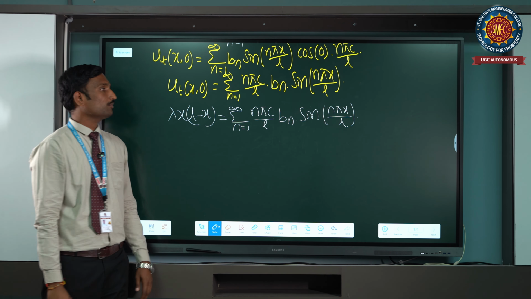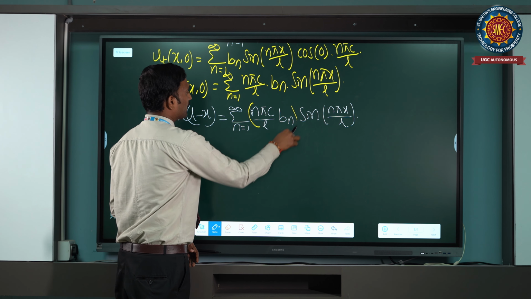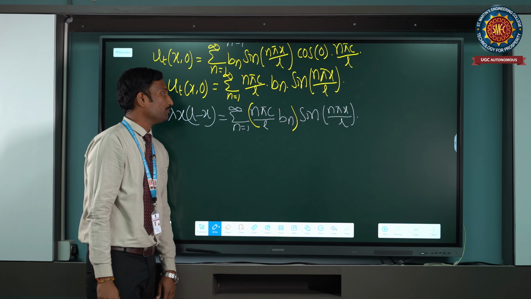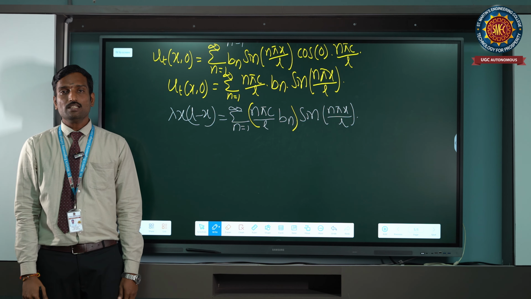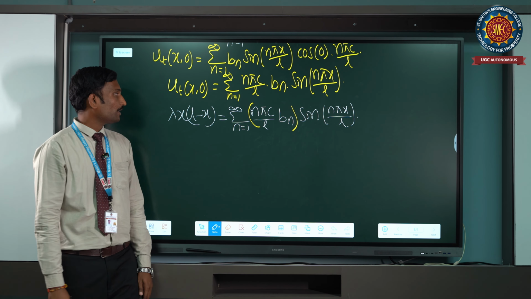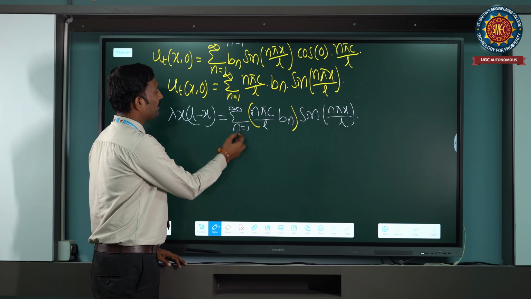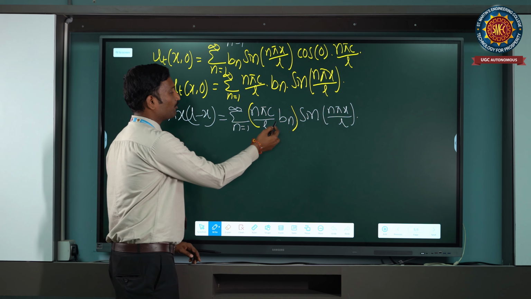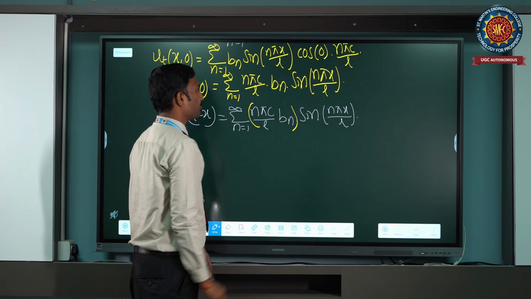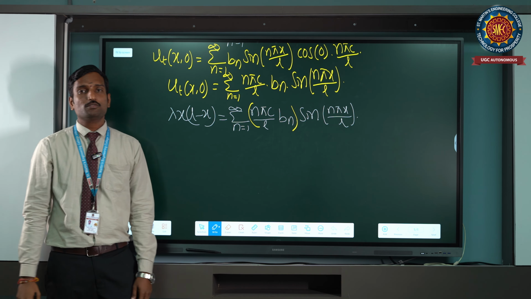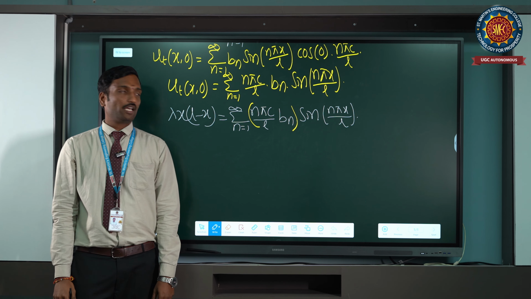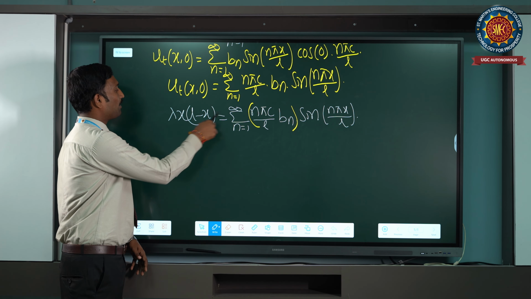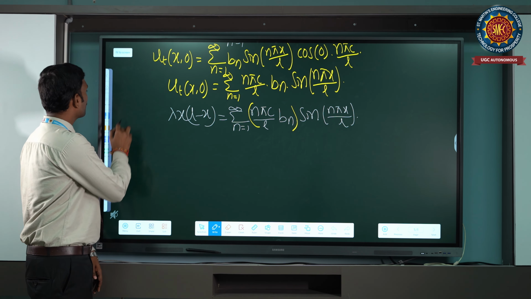This n pi c by L will be treated as a constant, bn of sine n pi x by L. We have obtained it in the form of a half range Fourier sine series that we can solve by applying the condition lambda x into (L minus x).